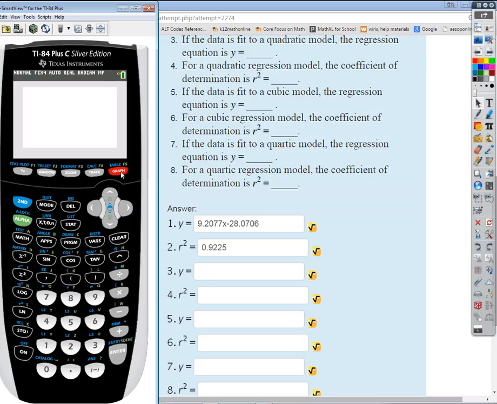This seemed pretty good, 92%-ish, close to 93. But based on the shape, do you think quadratic is going to do significantly better? Yeah, I bet it will. Let's see what we get. So if we go stat, calc, quadratic is 5. So stat calc 5, store it as y2.